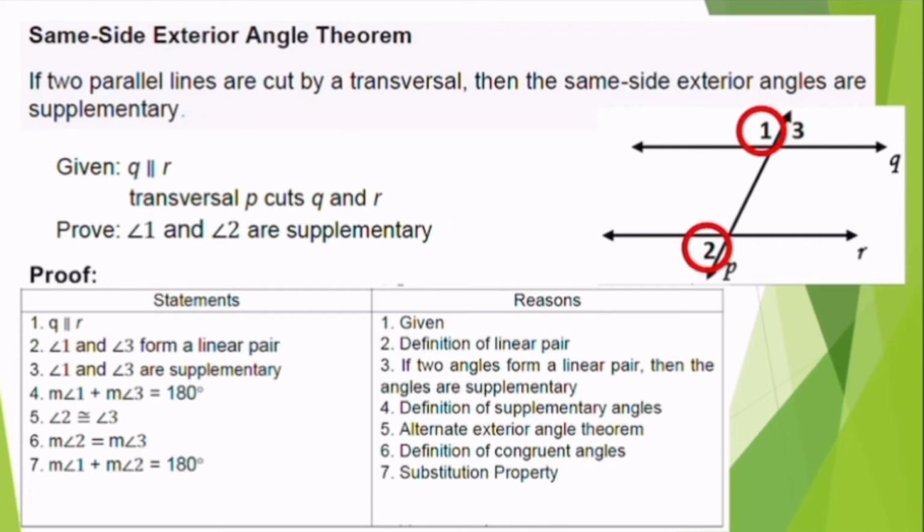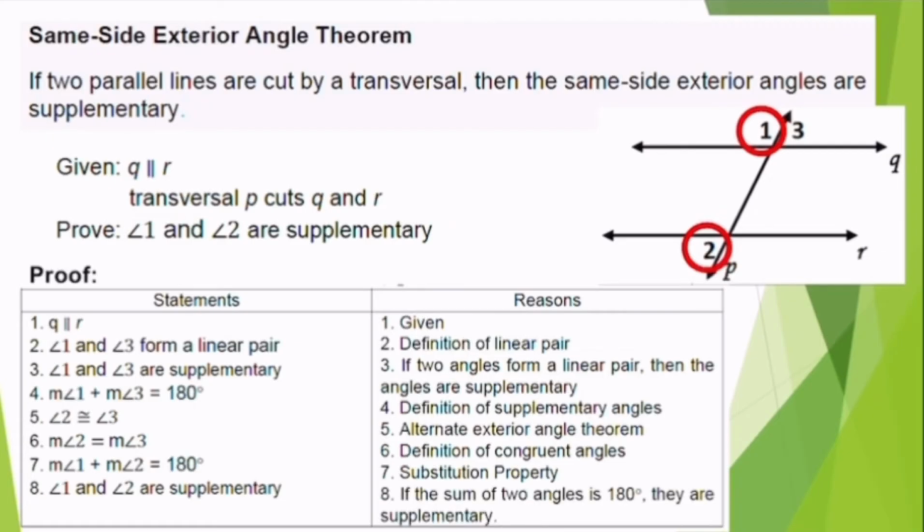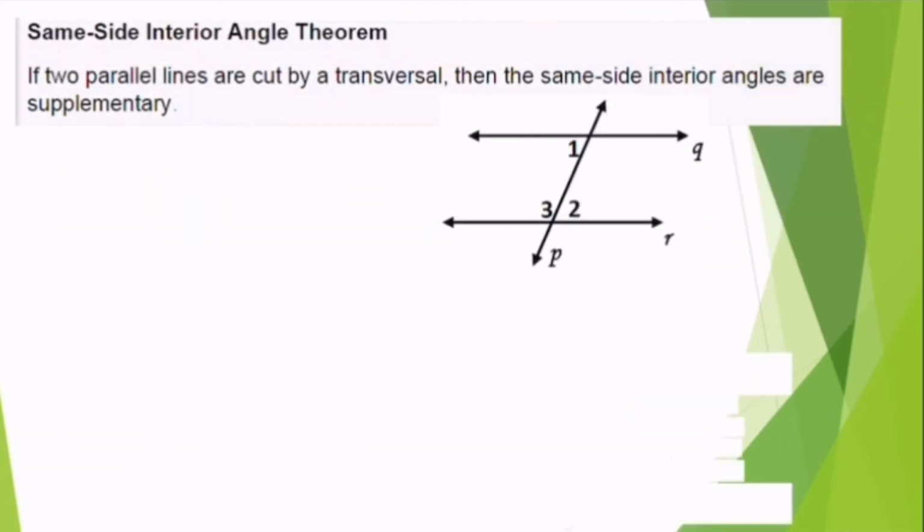Next, for our last statement, angle 1 and angle 2 are supplementary. The reason, if the sum of two angles is 180 degrees, they are supplementary. That is the same side exterior angle theorem. Now, let's proceed to the same side interior angle theorem.